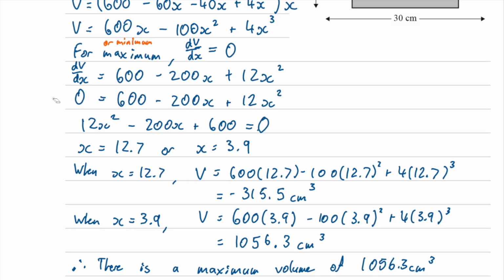We found that at x equals 12.7 or 3.9, we would have a turning point. However, to distinguish which is max or min, we substituted that value back into volume. And when we substituted in 12.7, we got a negative volume.